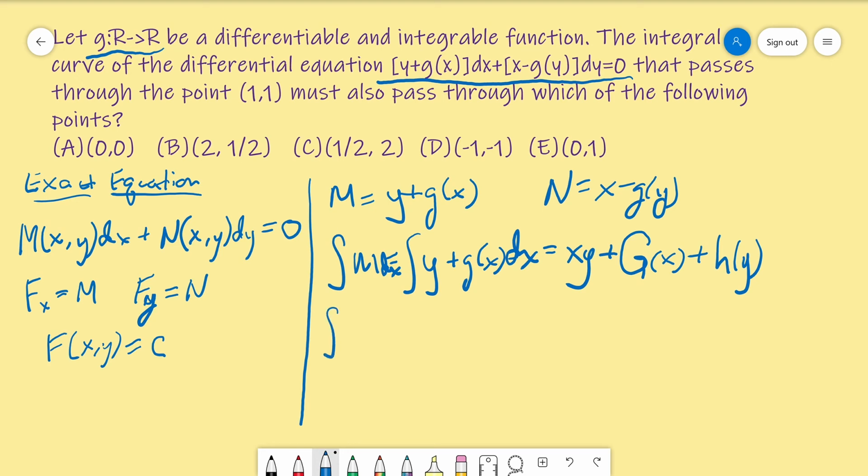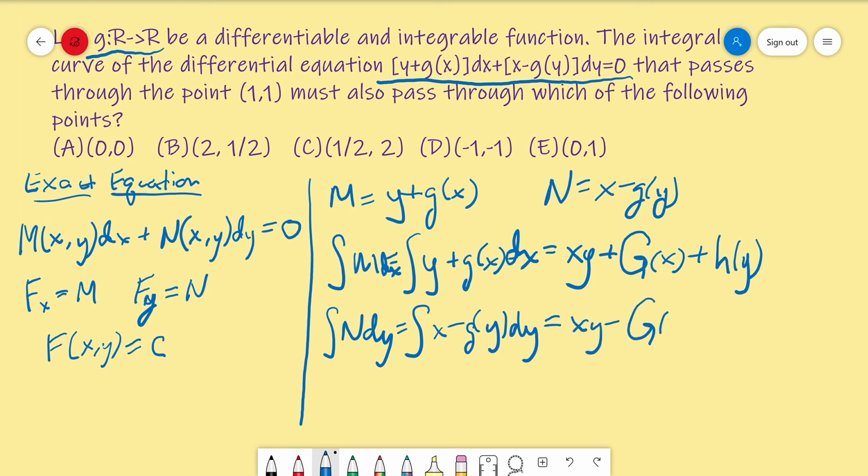And the same thing goes for N. We have to integrate N with respect to y. So we take the integral of x minus g of y dy, and that's going to equal xy minus the antiderivative of g of y plus some function, let's call it little f of x, whose derivative with respect to y is 0, so we have to include that.